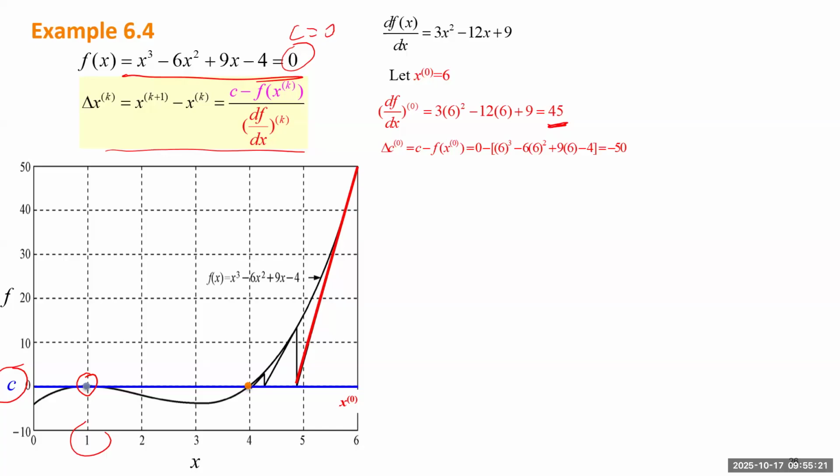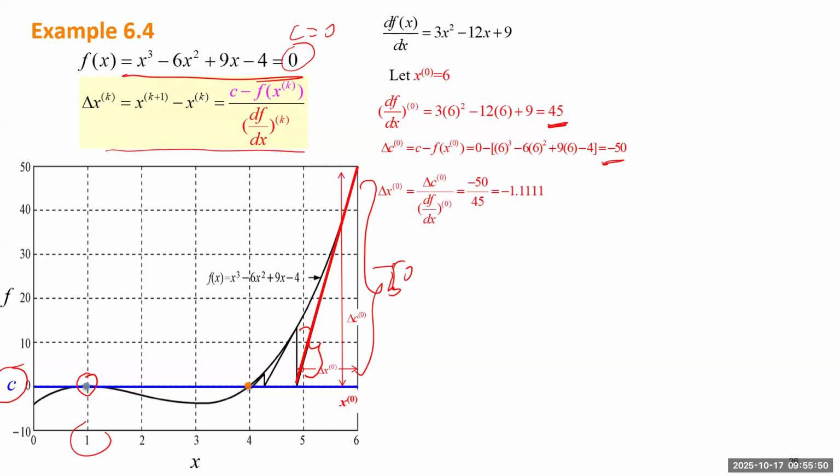Okay, so we use this straight line to approximate that curve, but you can compare the value to the curve. It will tell you there's a gap. The gap is negative 50. Then you draw this straight line.